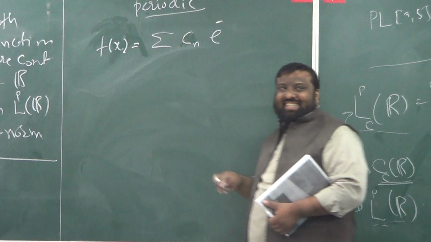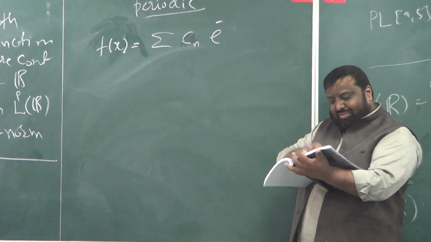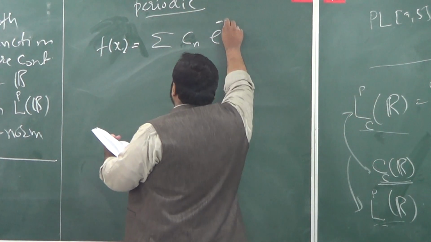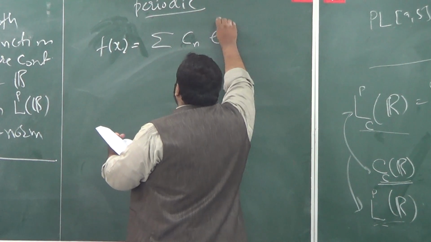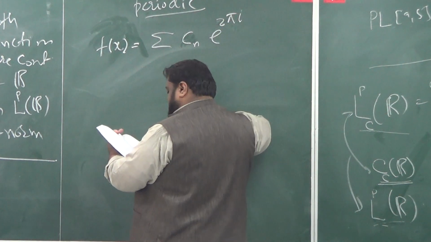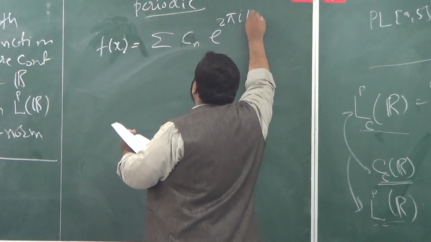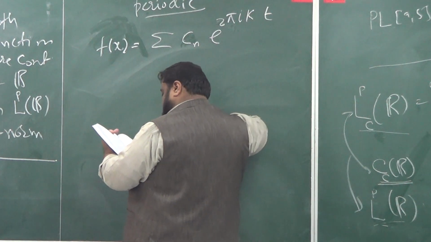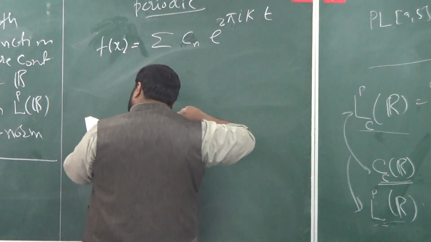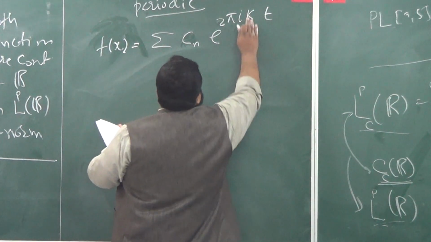Okay, so the formula is here. It's equal to e to the power 2 pi i n t. Not k t but n t.